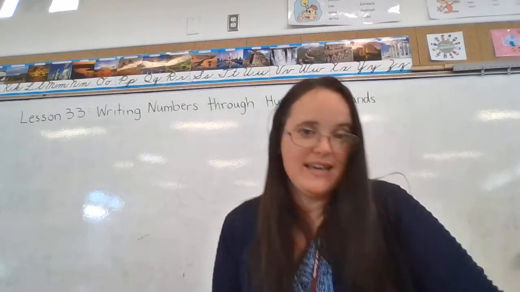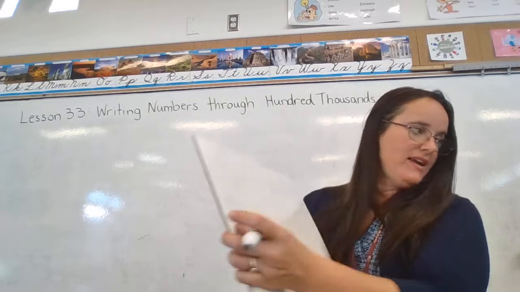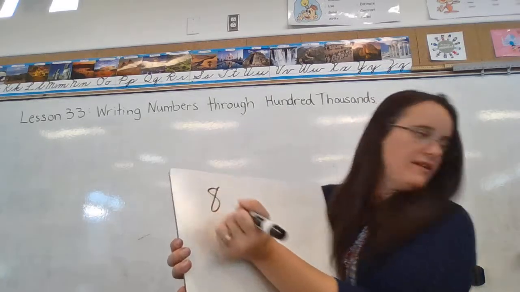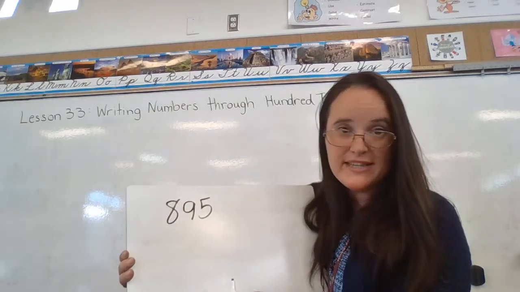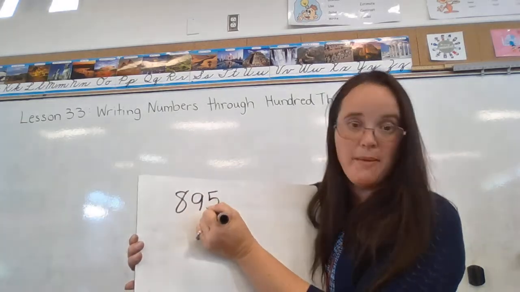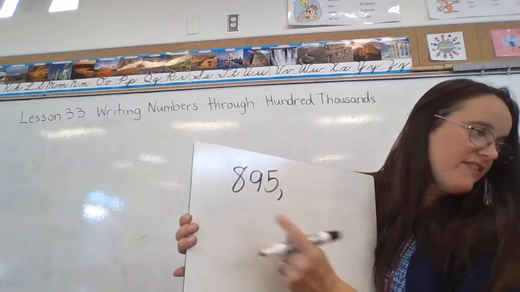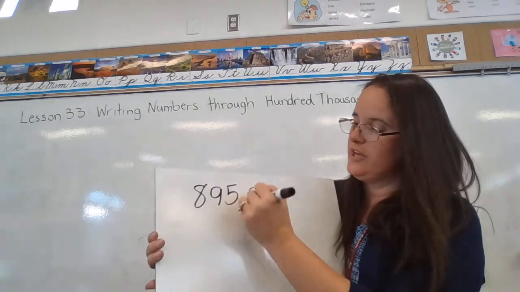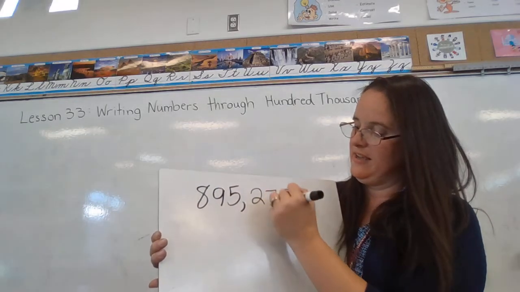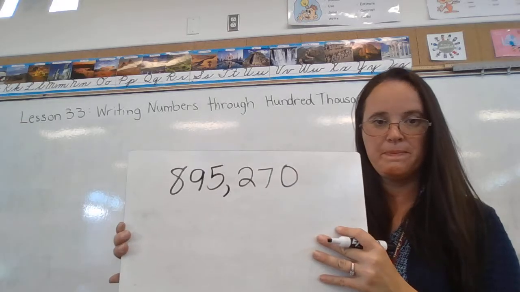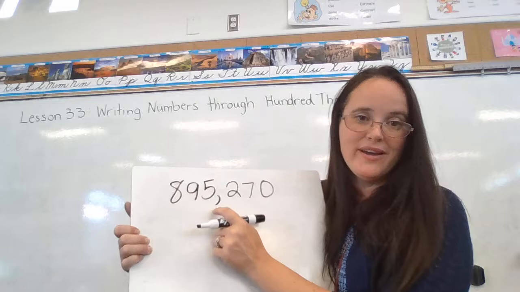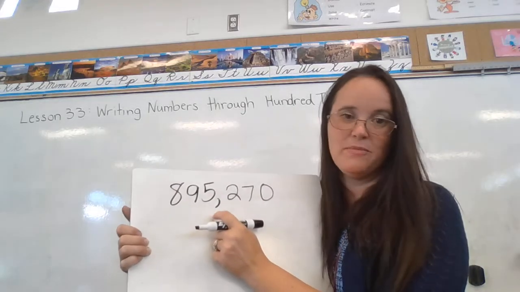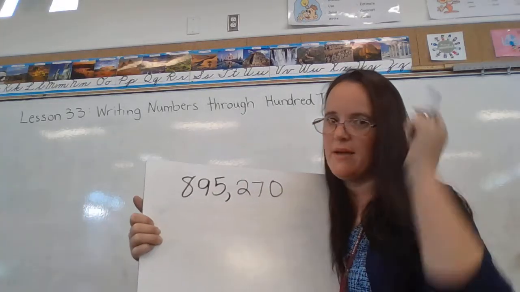We write it exactly like we read it. 895,000 means comma. So 895,270. There we go. The cool thing is when they're writing this with words, they actually put a comma after the word thousand. So maybe that can go, oh, I need a comma in that.